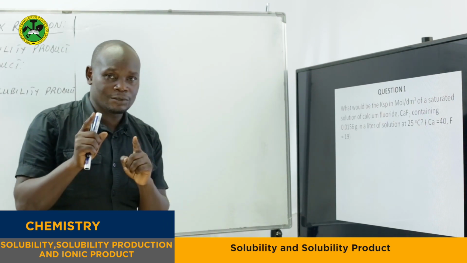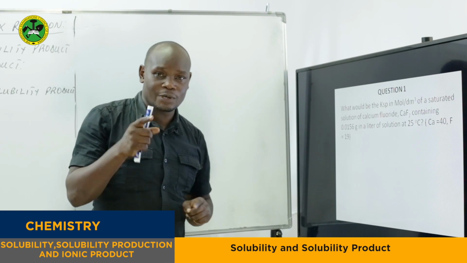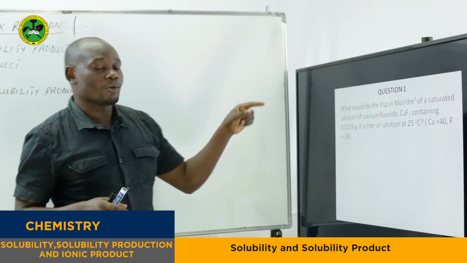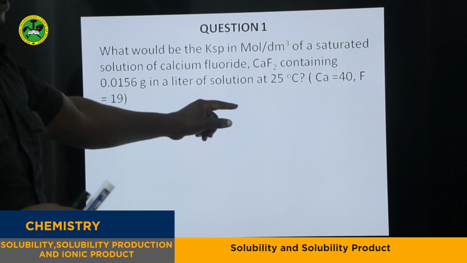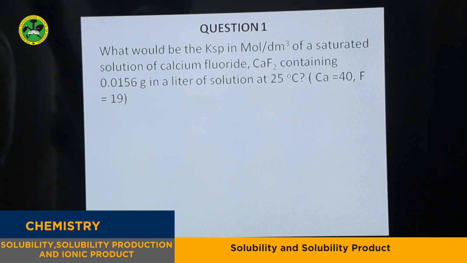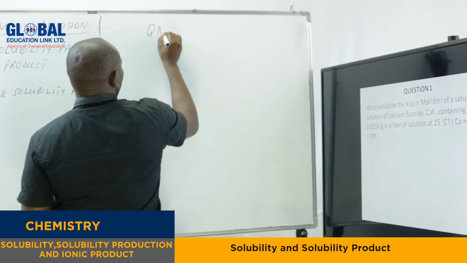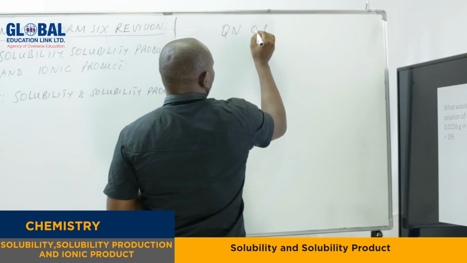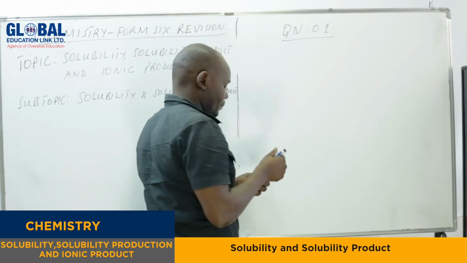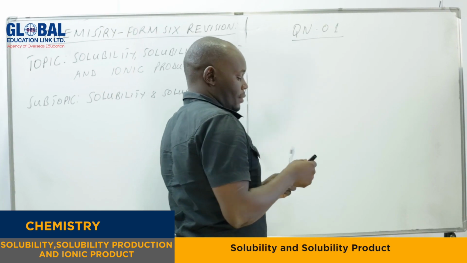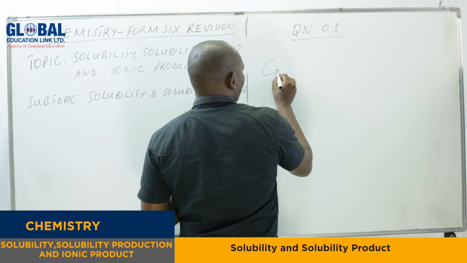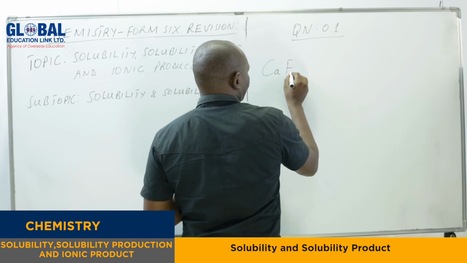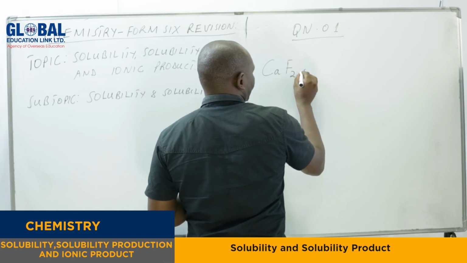So the first thing to consider is that you have to write the dissolution reaction equation of calcium fluoride. So here, for question 1, our sparingly soluble salt is calcium fluoride.